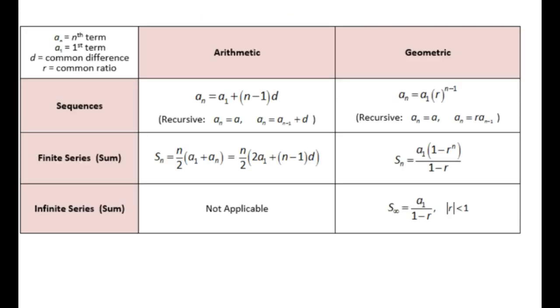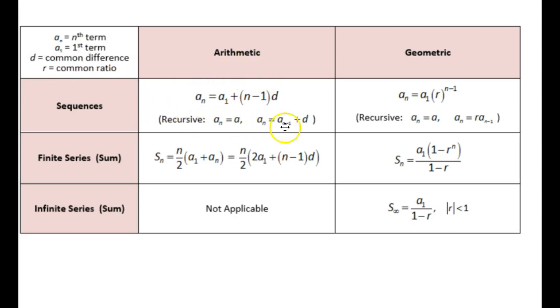So looking on this page, we have a chart that organizes sequences, finite series, infinite series for arithmetic and geometric. In the upper left, we have a sub n, which stands for the nth term in the sequence, depending on how long that sequence goes, or that series. A sub 1 stands for the first term, D is the common difference, and R is the common ratio.